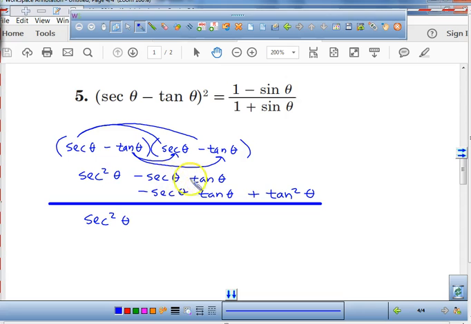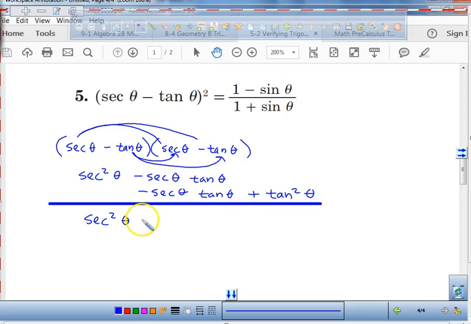How many negative secant tangents do I have? I have 2 negatives, right? So 2 negative secant tangents. And then I have 1 tangent squared of theta. That's what I have. That's the first step. Just one.